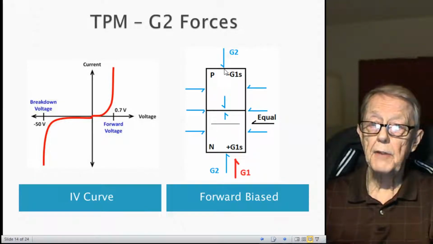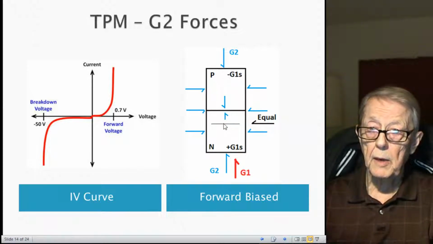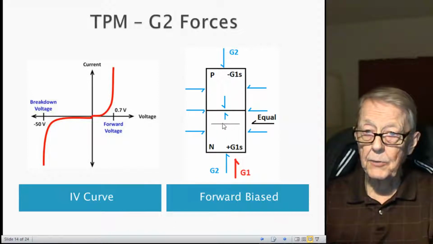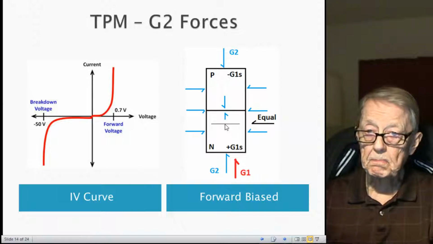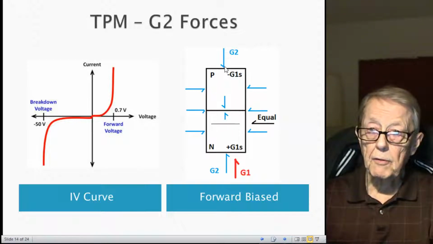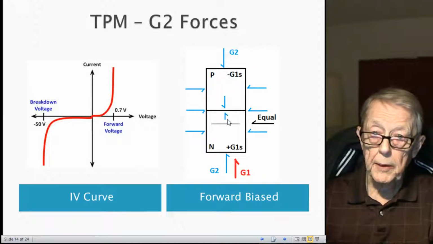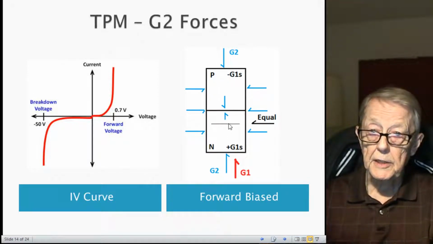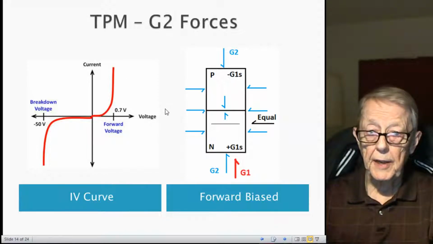In fact, you have a net force all the way down to a point in the N region where I'm suggesting you have equal and opposite G1 particles and hence no net force. So you have a force that's strong here, and it gets weaker and weaker until it gets equal.